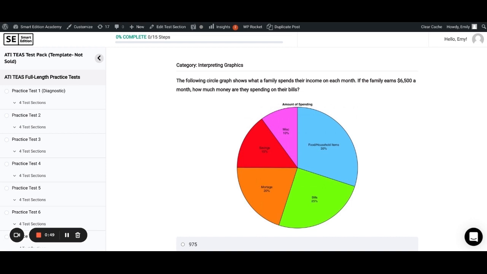Okay, next question. The following circle graph shows what a family spends their income on each month. If the family earns $6,500 a month, how much money are they spending on their bills?